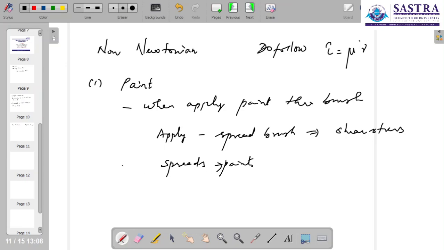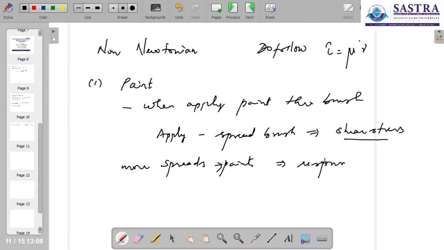There is more spreading of the paint on the surface, which means that the response increases as you increase the shear stress, though not necessarily in proportion.